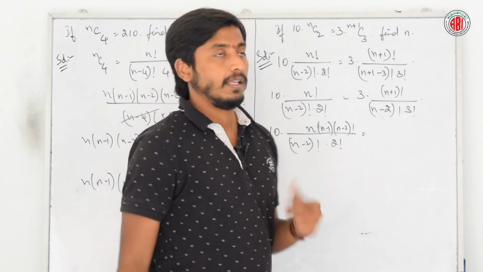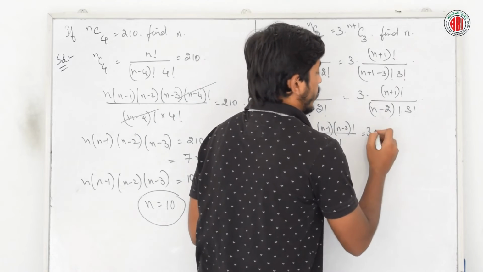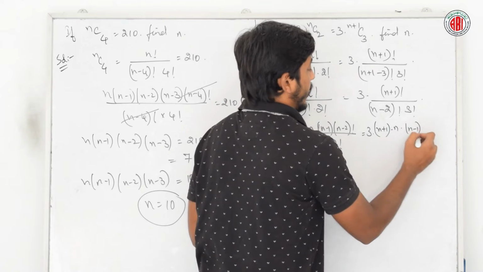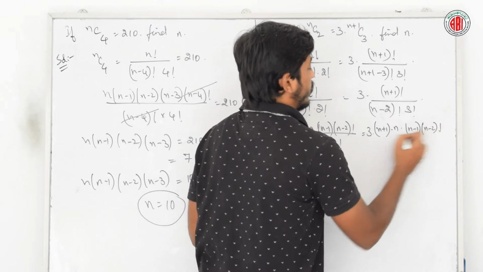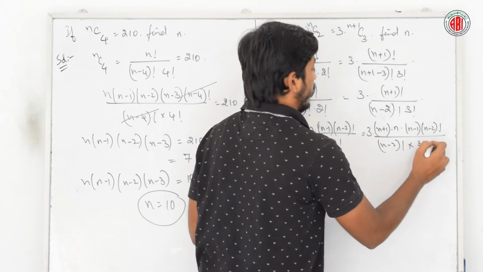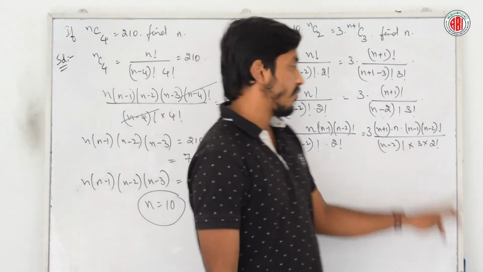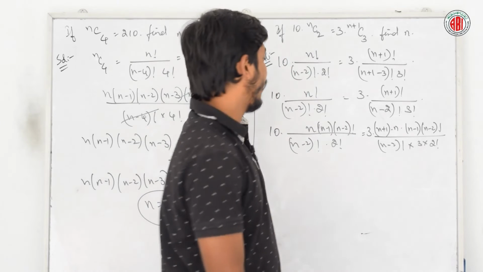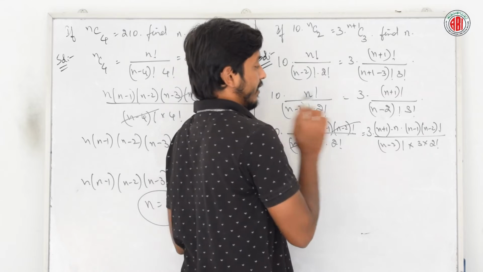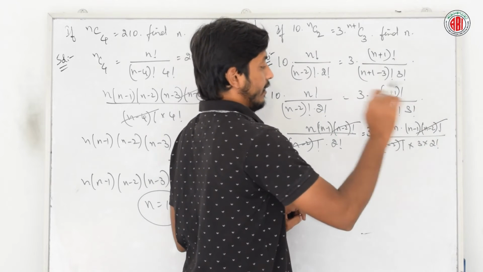Next, in the denominator we have n minus 2, so it can be written as (n plus 1) into n into (n minus 1) into (n minus 2) factorial divided by (n minus 2) factorial into 3 into 2 factorial. Why? Because this 2 factorial we can cancel. Now if you observe, (n minus 2) factorial, (n minus 2) factorial both are cancelled. Here also (n minus 2) factorial is cancelled.